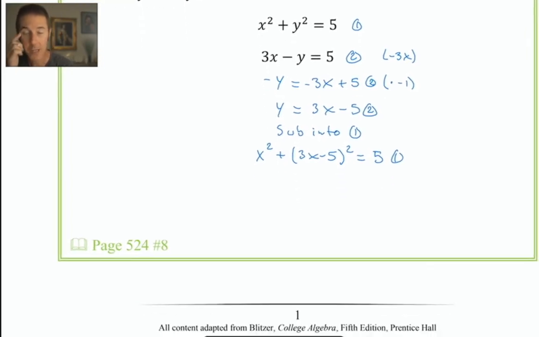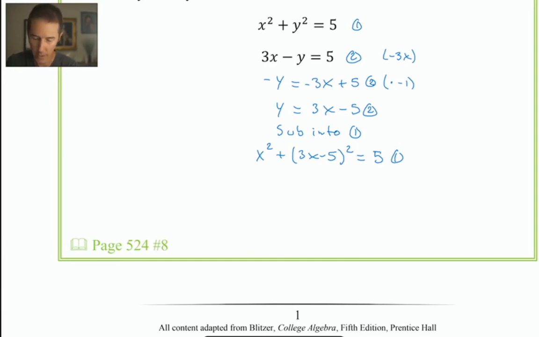And next, we need to do some multiplication. Now remember, 3x minus 5 squared does not mean you can square the 3x and square the 5. You have to actually FOIL this out and combine like terms. And if you need to write this as 3x minus 5 times 3x minus 5 and FOIL it out and draw your rainbows and so on and combine like terms, you should do that.